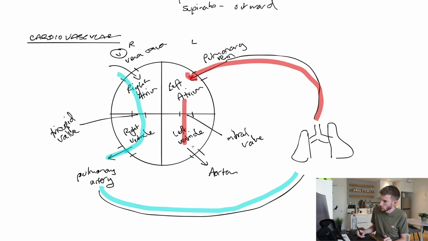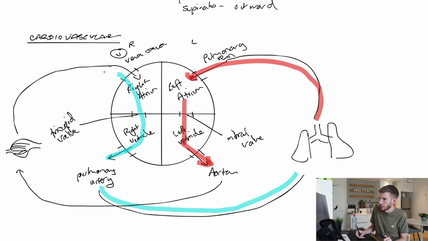That can then go out like this, out the aorta, and that will then go to the body, and it'll be spent. We'll use up the oxygen, mostly at the muscles and at the other tissues. So just draw a little striated muscle belly like that, and that will then return back there. And so you can imagine that this will be oxygenated out of the aorta.